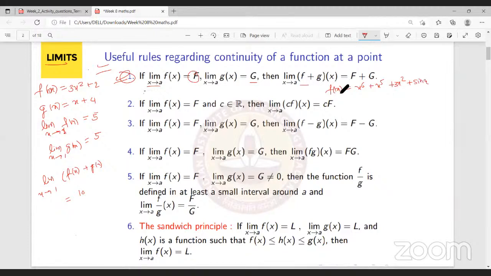If I take the limit of this particular function as x tends to 1, I can transfer this limit to the individual terms: limit as x tends to 1 of x to the power 6 plus limit as x tends to 1 of x to the power 5, and so on. So I can transfer this limit to the individual term, like this. The same holds in the case of subtraction also.